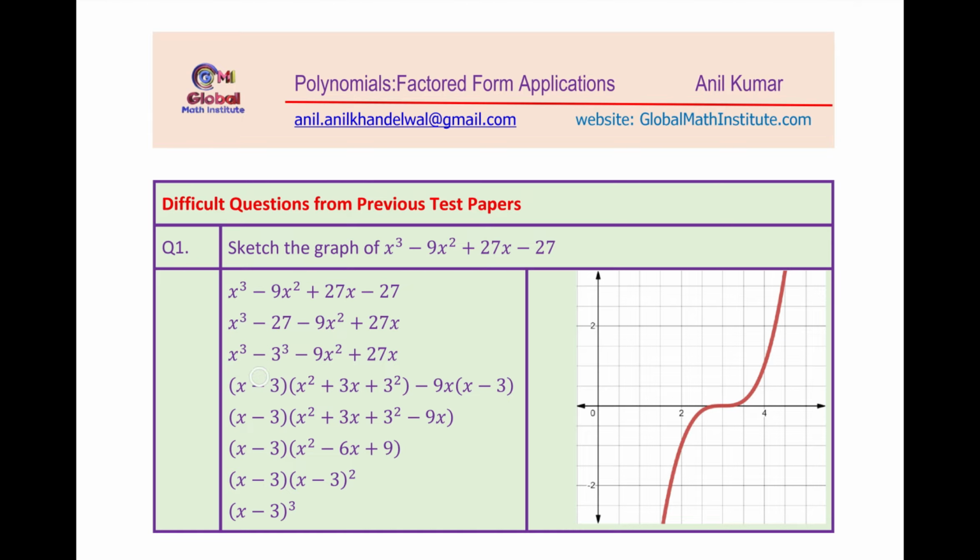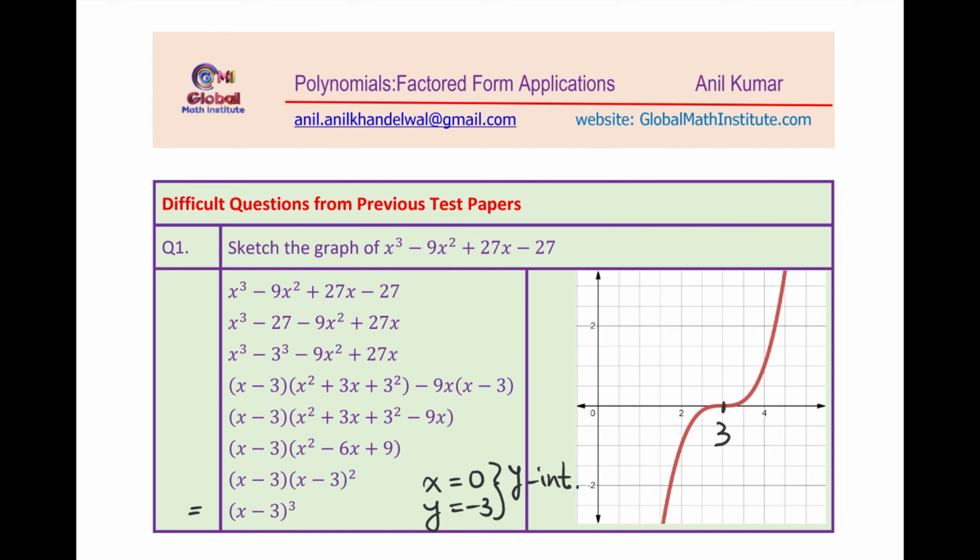Expanding, we have x minus 3 as a common factor, and ultimately we factored this as x minus 3 whole cube, and that gave us the graph, which is translated to the right. The x-intercept is at 3, and the y-intercept, which is not shown in this particular graph, we can extend and get. When x equals 0, y equals minus 27, so that will be the y-intercept.